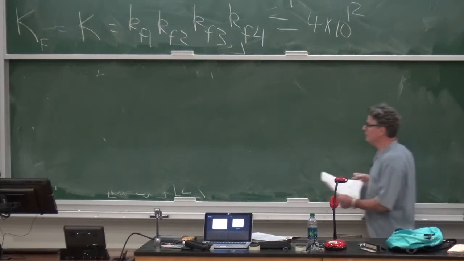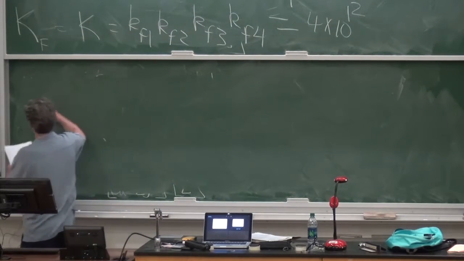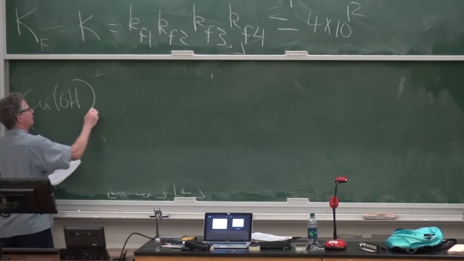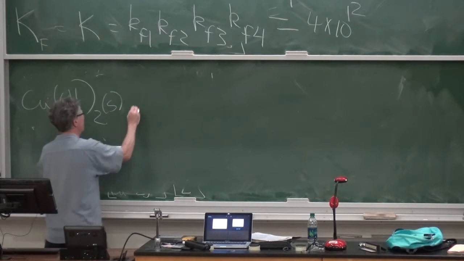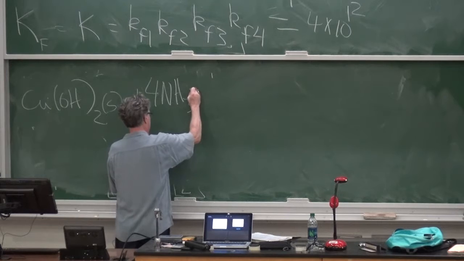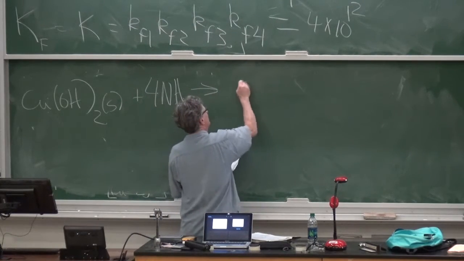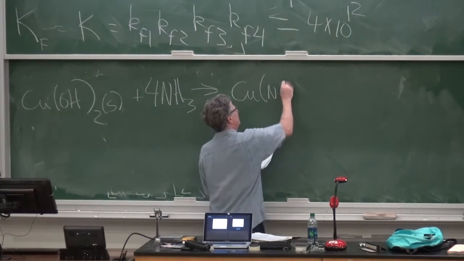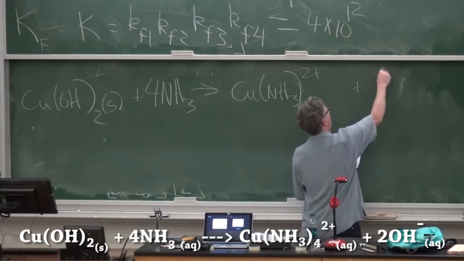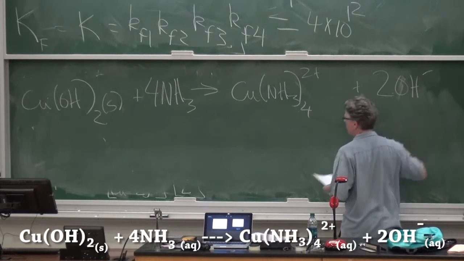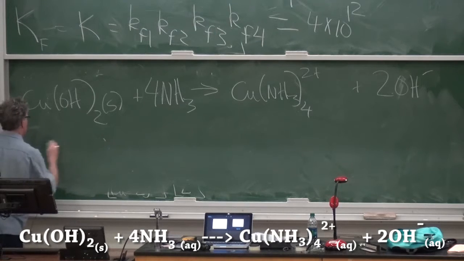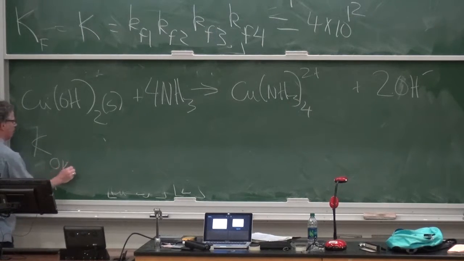And one way we can show that is to write it as an overall reaction. The copper hydroxide solid plus the 4 ammonias gives you the copper tetramine complex plus 2 OHs. And we'll describe that by a funny equilibrium constant called K overall.